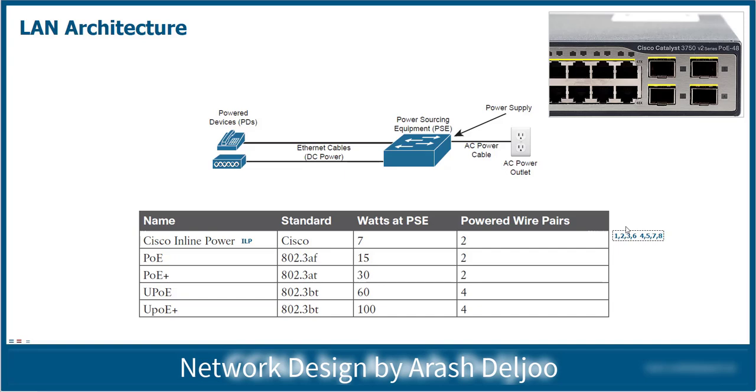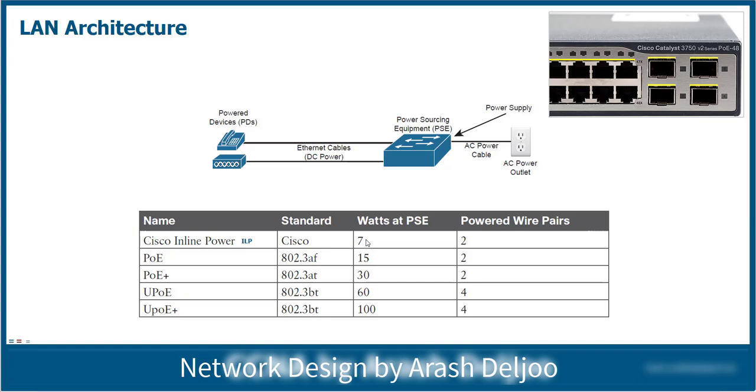So 2 pairs means 4 wires. This is the old standard, and only old devices now use it, because 7 watts is not much for newer devices.